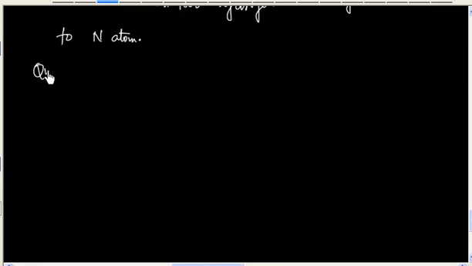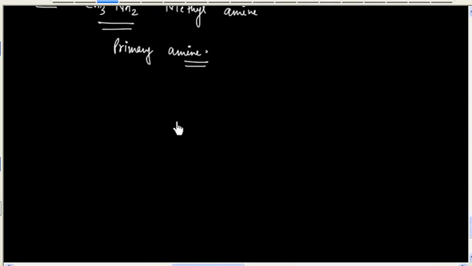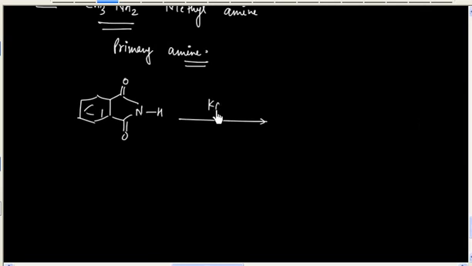Now let us say, if I ask, how will you prepare methylamine? So this is a primary amine. So we can use Gabriel phthalimide synthesis. So we can have this one and treat with KOH.